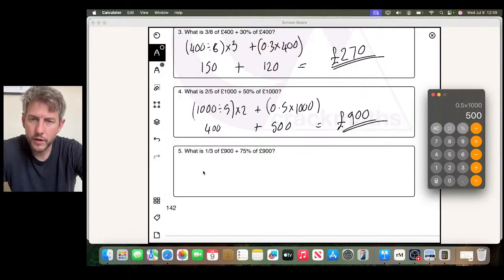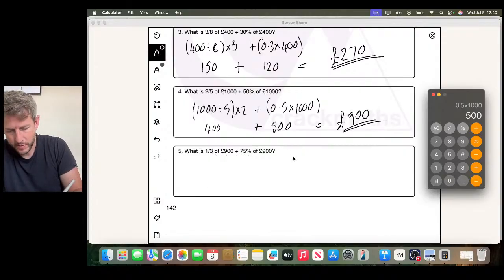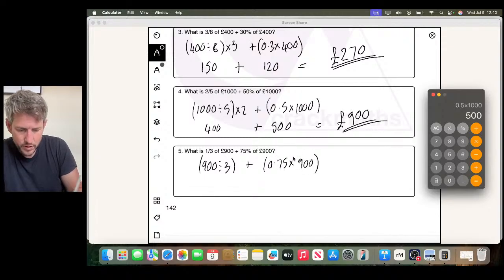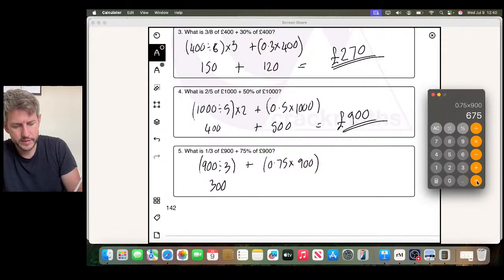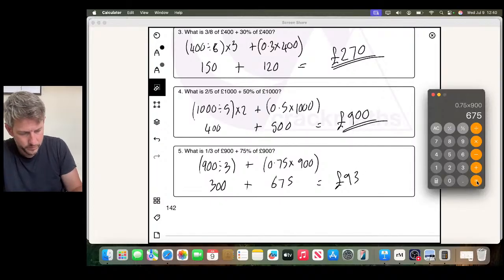Question 5. What is 1/3 of 900 plus 75% of 900? Again, 900 divided by 3 will give us the third, and then 0.75 times 900 will give us the 75%. 900 divided by 3 I know is 300. 0.75 times 900, I don't know off the top of my head, is 675. Then if I add those together, that equals £975.